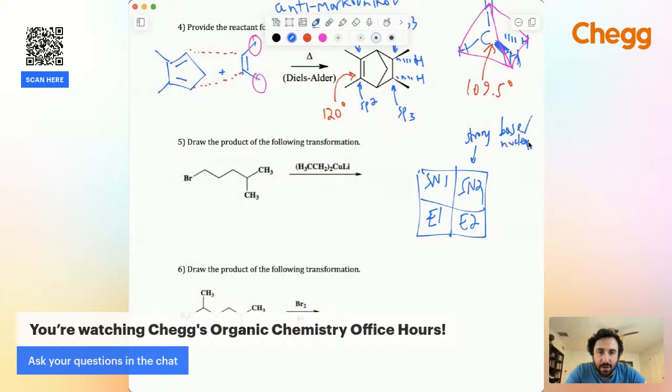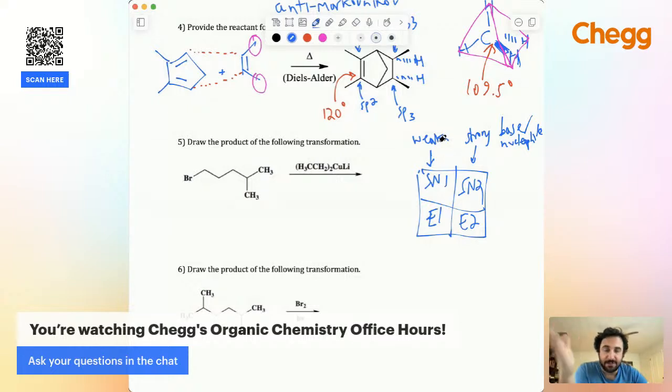If we have a very strong base or nucleophile, it's going to go ahead and do something. It's going to react with the substrate. It's going to push it around. It's going to replace a leaving group. It's going to grab a proton, do elimination. So we only see SN1 or E1 if it's a weak base or nucleophile. Strong would be like hydroxide, weak would be like water.